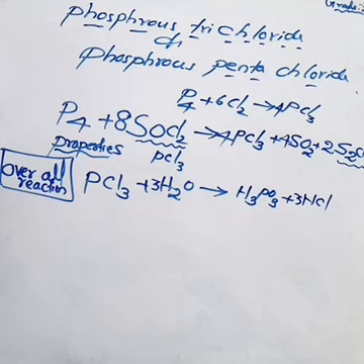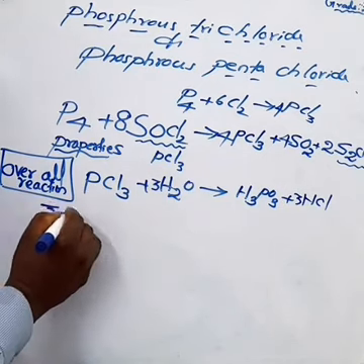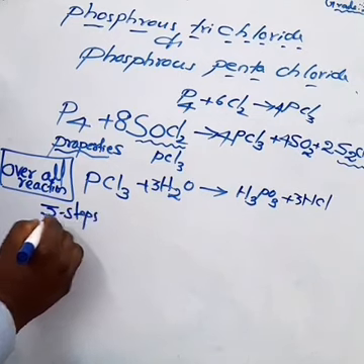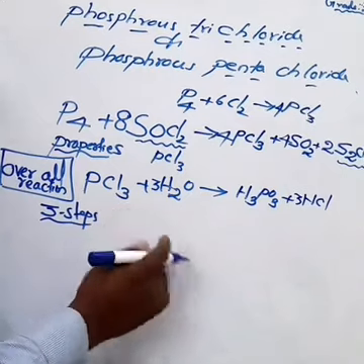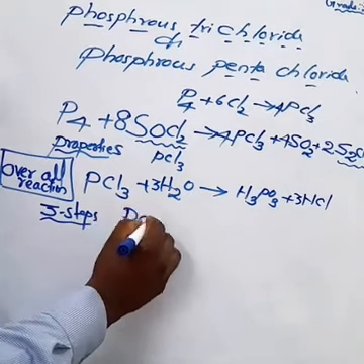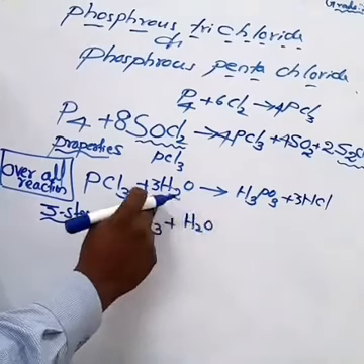Next, we have to write how the reaction is going on, because this reaction has 3 steps. How many steps? 3 steps of reaction. First, the phosphorus trichloride reacts with 1 water molecule.